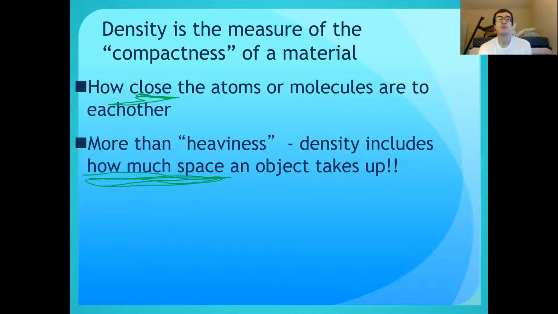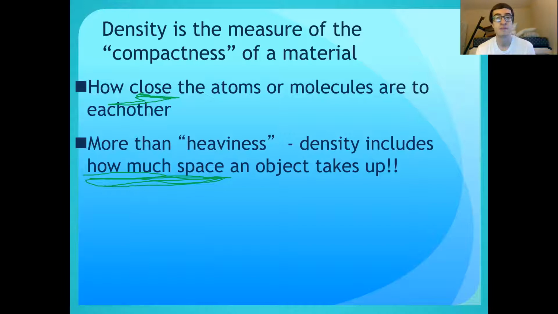For example, a piece of furniture like a couch or a mattress, you expect it to be pretty heavy, mostly due to its size. It's a really big object.